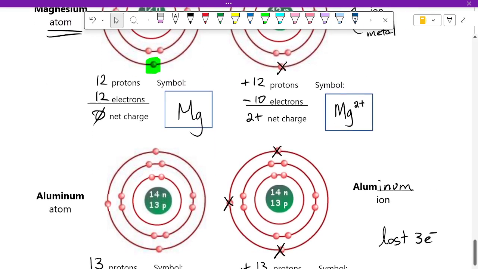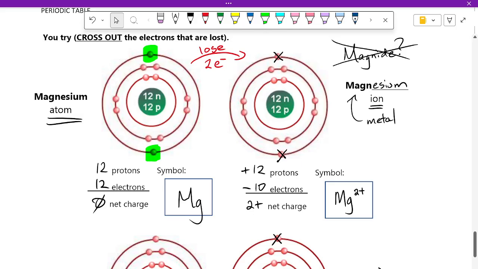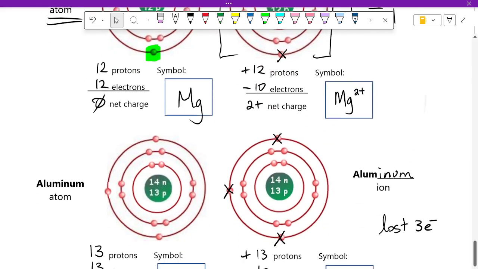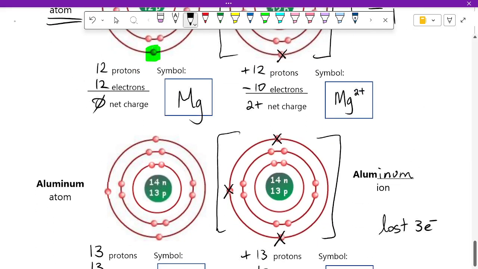What have we forgotten? I forgot it in the last example. What did I forget on my Bohr model? 2 plus, and then square brackets, 3 plus.